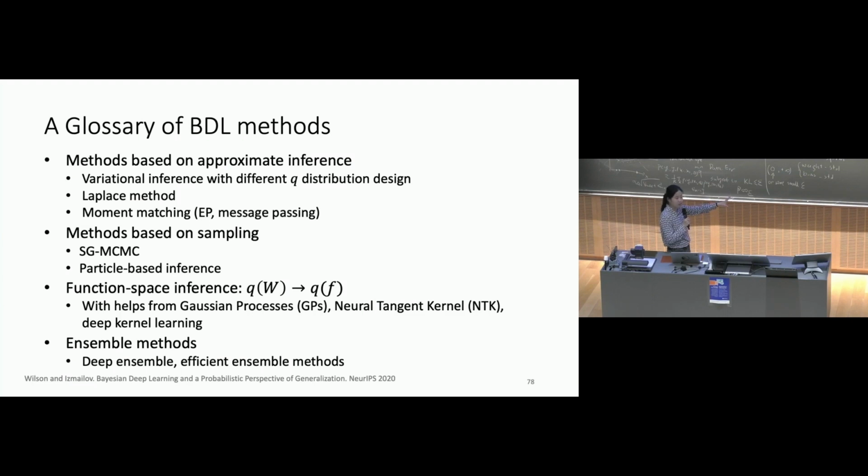And even if you can visualize it, it might be difficult to understand and explain. So what we really care about is this kind of sausage plot in the output space, which means for this class of methods, often people use ideas from Gaussian processes, neural tangent kernels, and also deep kernel learning to help.